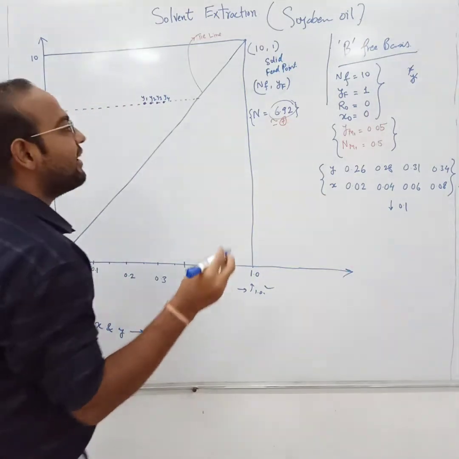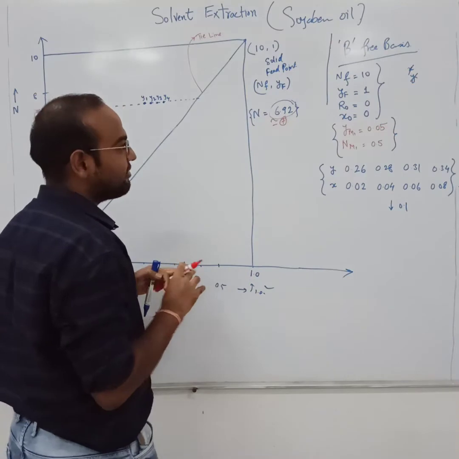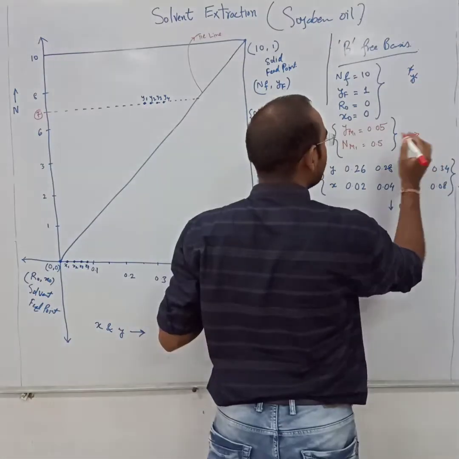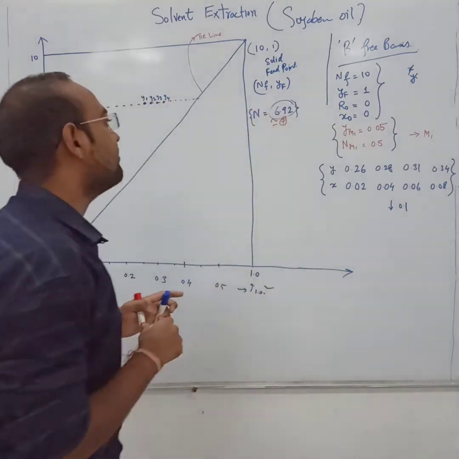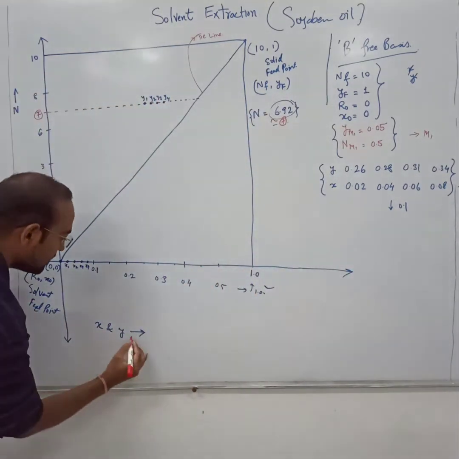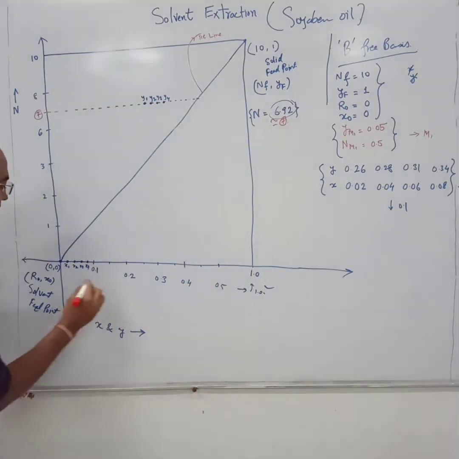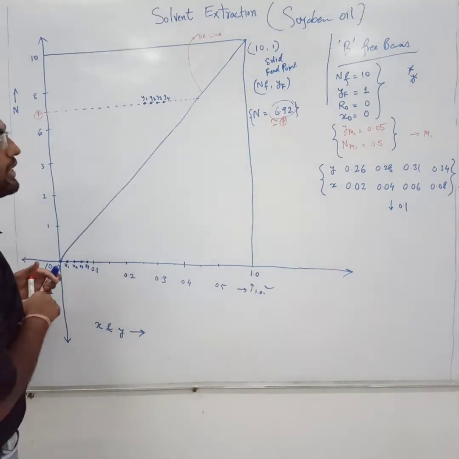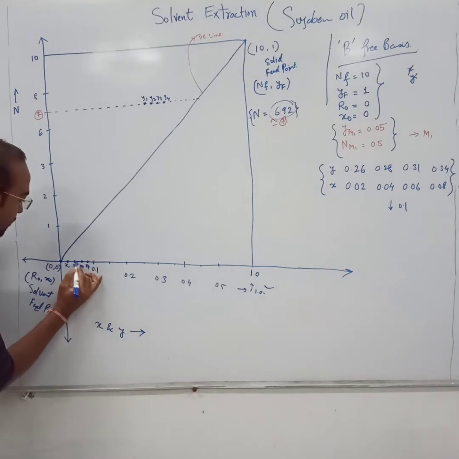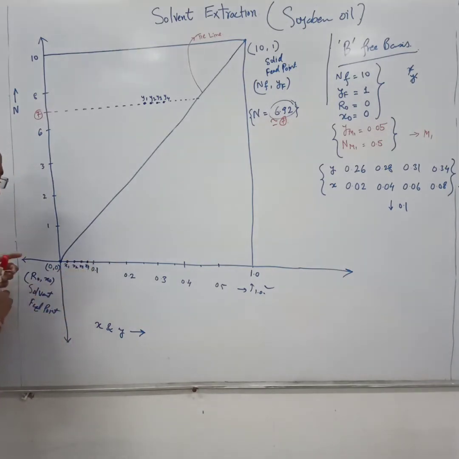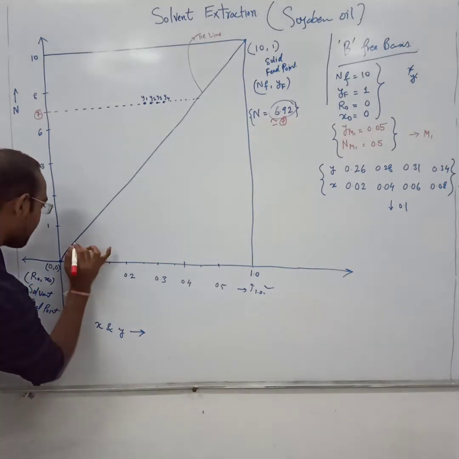Before that I will find the point M1. How can I find the point M1? With the help of ym1 and xm1. Ym1 also shows the y. So the value of ym1 is 0.05, somewhat like the center, denoted with red.